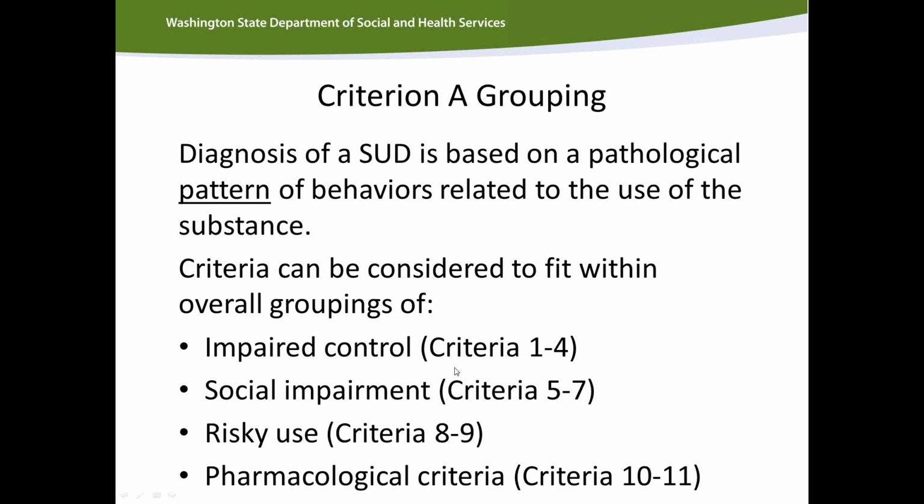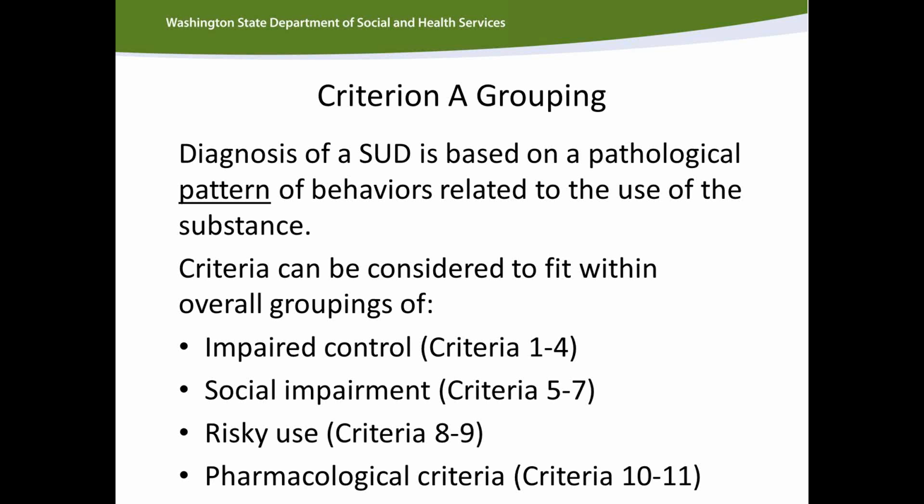But impaired control simply means the person is losing the ability to manage their own use of the substance. Social impairment means it's having an effect on their interactions with their community, with their job, their family, relationships, and those are criteria 5 through 7.